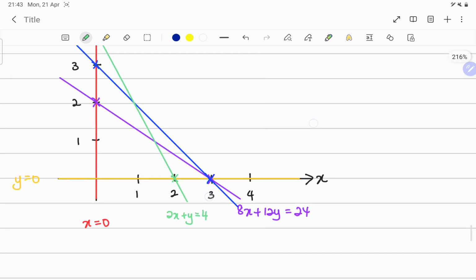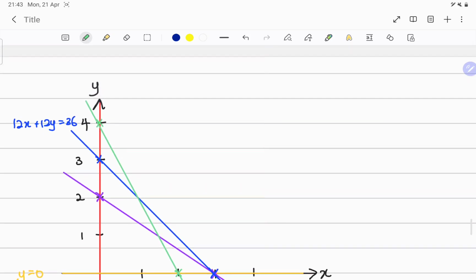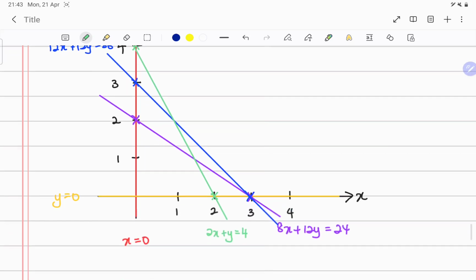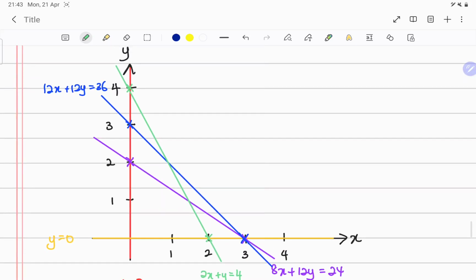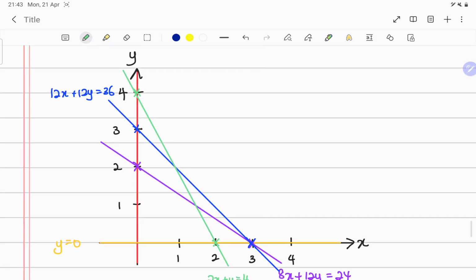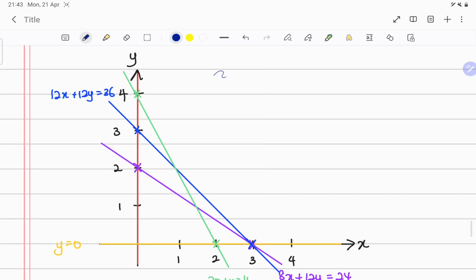Now we need to find the feasible region. We need to find the shaded region. How? What we need to do is substitute inside. First of all, the first one that we have is x greater than or equal to 0 and y greater than or equal to 0, right?